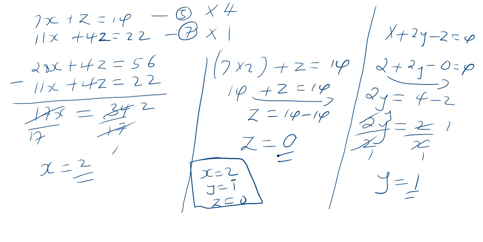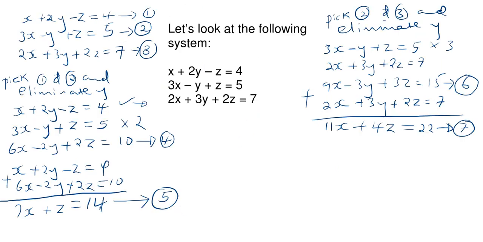To confirm, you can always take these 3 solutions in this. So for example, let's confirm, x is 2, so we have 2 plus 2 times 1 minus 0.